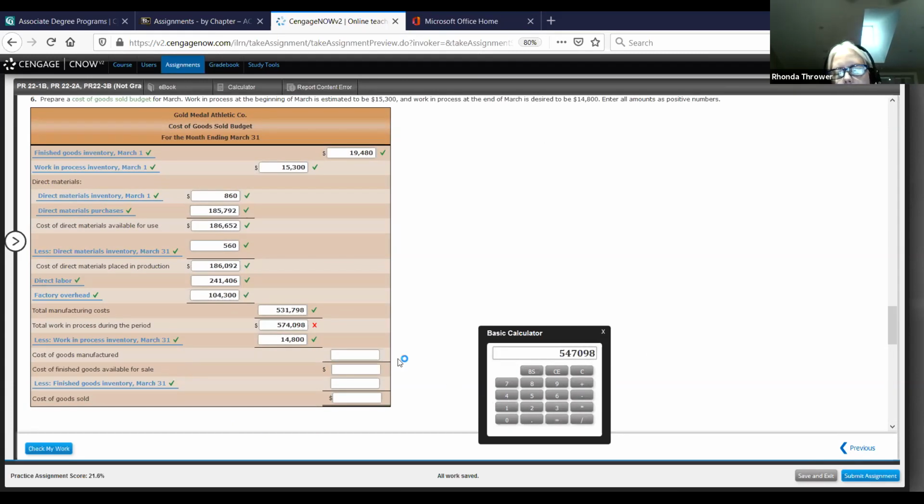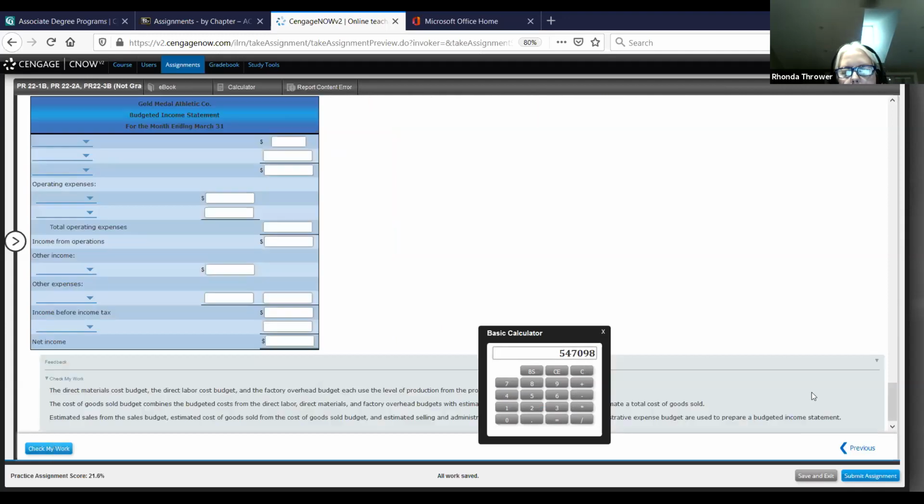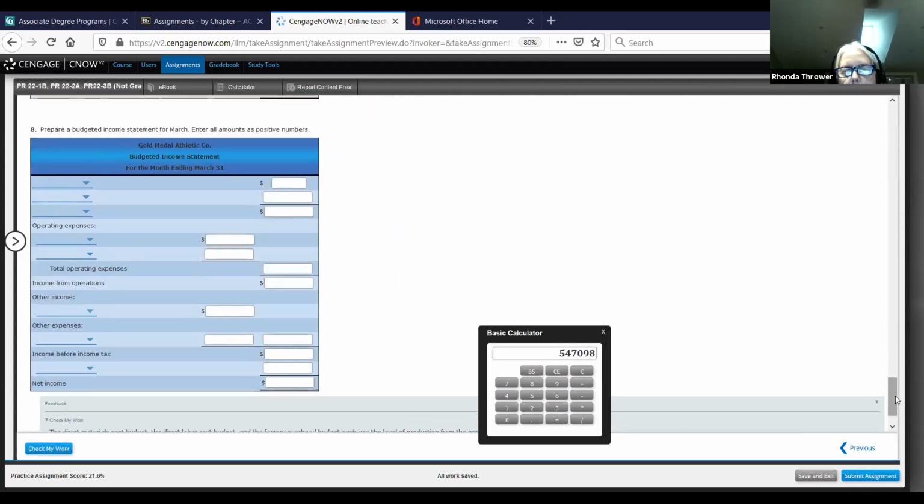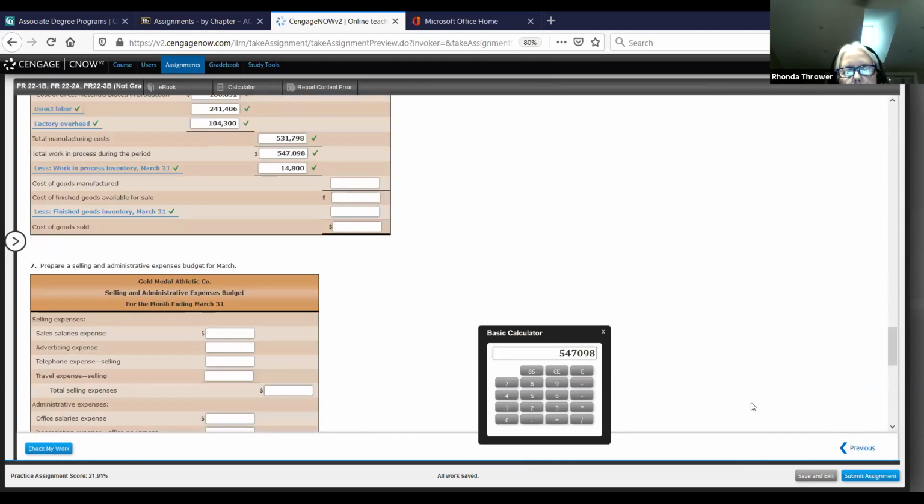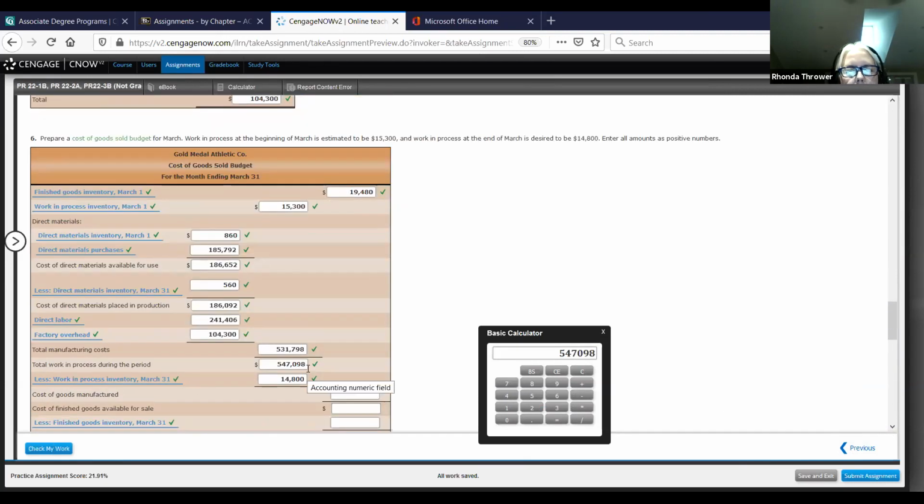And that's going to give us 547. I had a transposition error. $0.98. So this is correct.